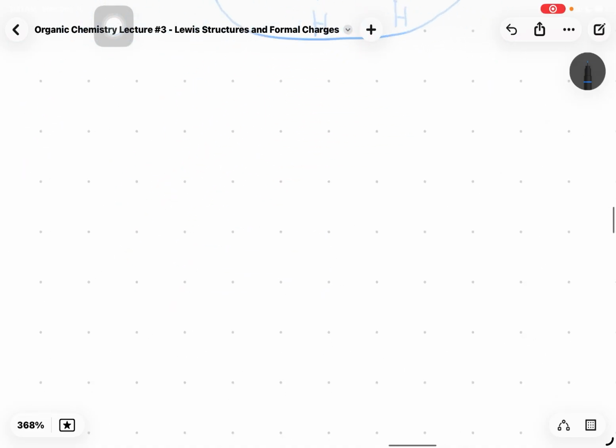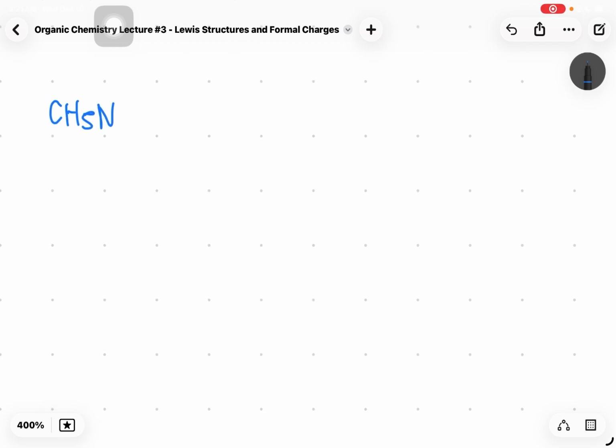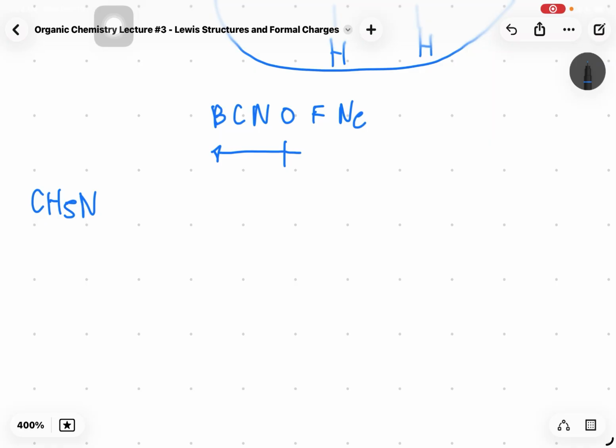Let's have another problem. CH5N. How do we draw this? Which atom is less electronegative? So we know that electronegativity goes down the more left you get on the periodic table. And in our first row, we have B, C, N, O, and F. Meaning the less electronegative atom should be carbon.